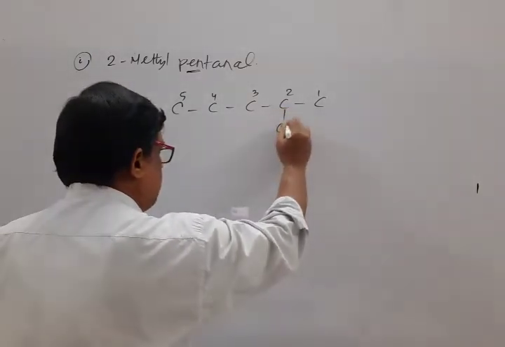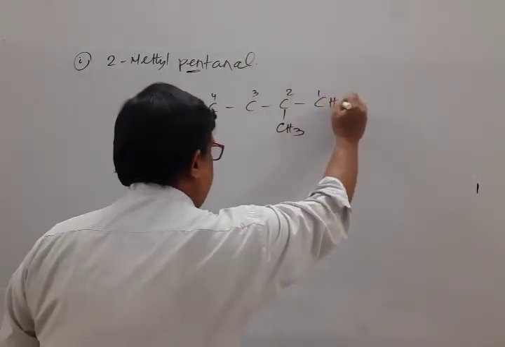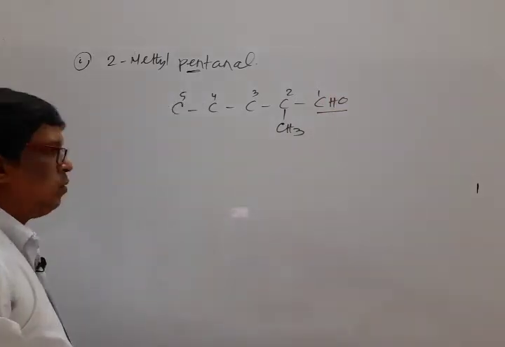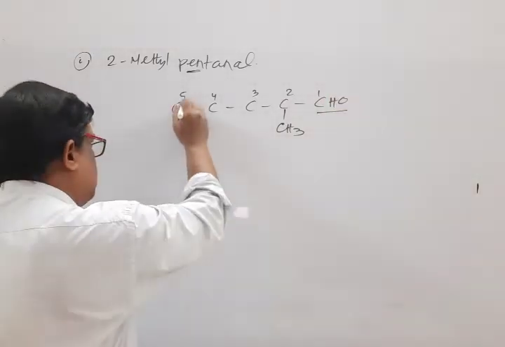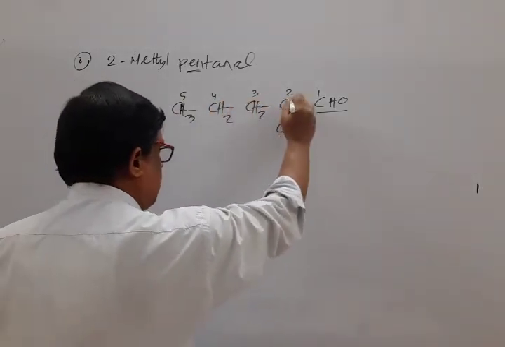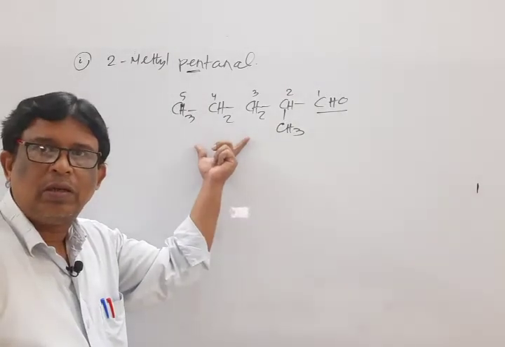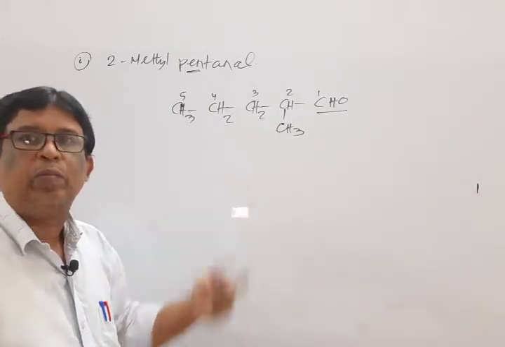At 2 position methyl is there, and at 1 position aldehyde -al is there. Satisfying tetracovalence, you write CH3, CH2, CH2, CH(CH3), CHO. It is the structure. Normally, we transfer it into bond line.